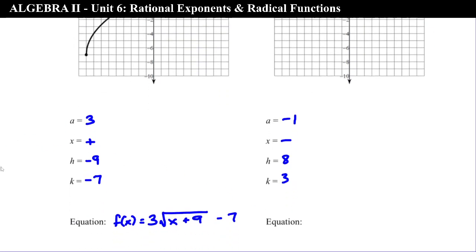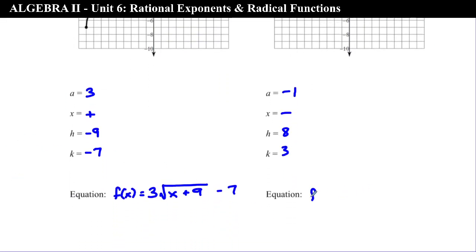And now we can write our equation. F of x equals negative square root of, let me leave enough space for our last term here. F of x equals negative square root of negative x minus 8, and then you have a plus 3 on the outside.